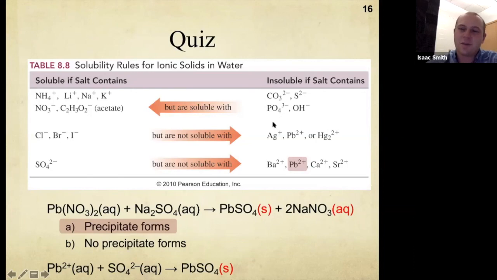I chose this example because it's one that might confuse people if you use this chart. I think there are some better mnemonic devices for memorizing the solubility rules, but I'm showing you how the book one works if you want to use it. Sodium phosphate is the first one we're looking at. We know that phosphate is insoluble unless it's with sodium, so sodium phosphate is soluble.